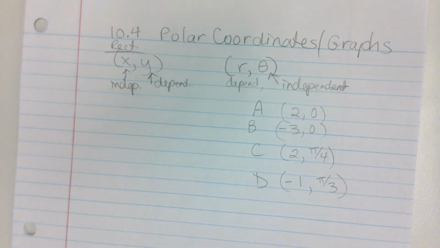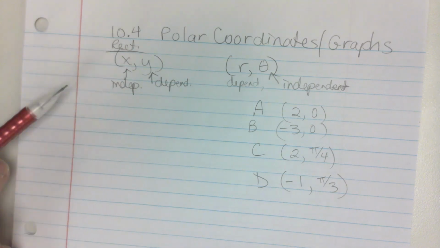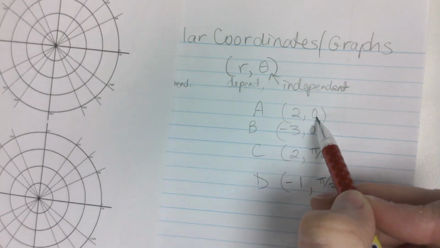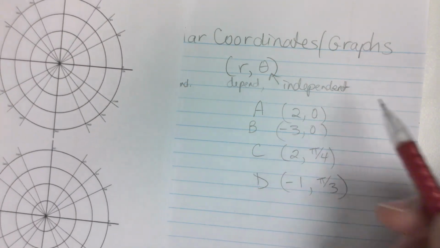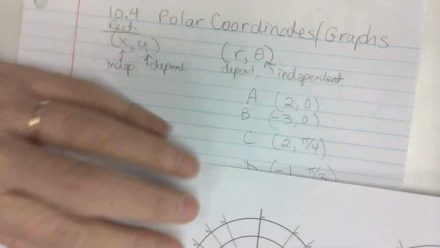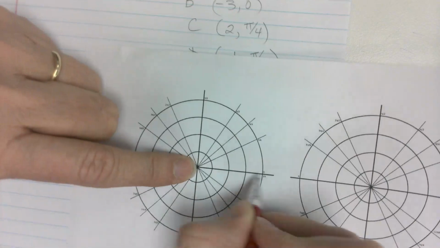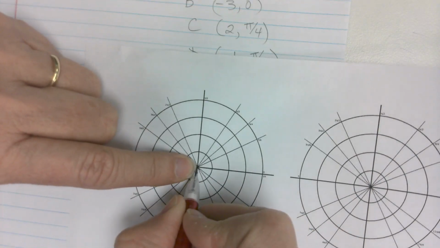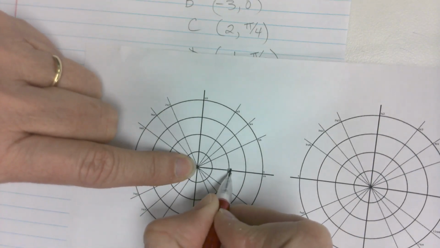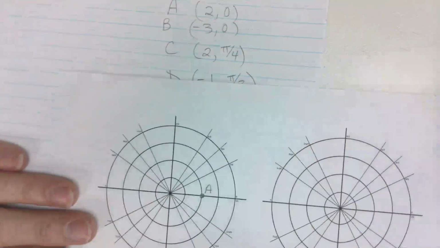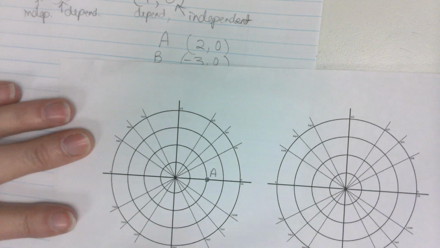My thought process, just like we usually go x first and then y, is to do the angle first and then go out with the radius. So if I have a 0 angle and then I'm going out 2 units, this is the graphed point for (2, 0).